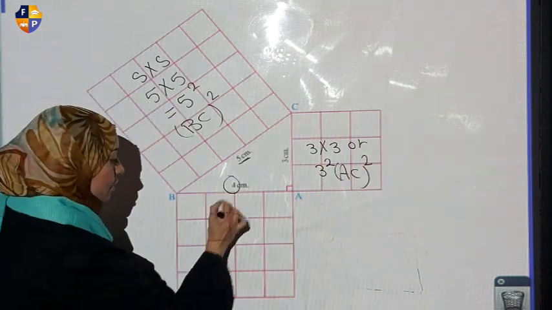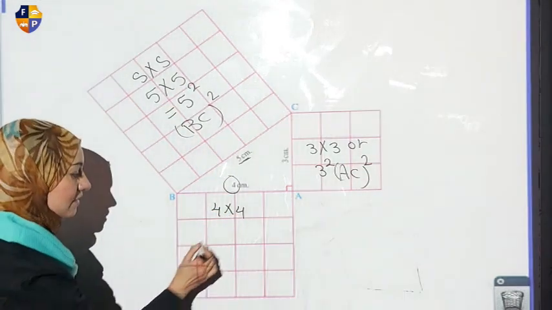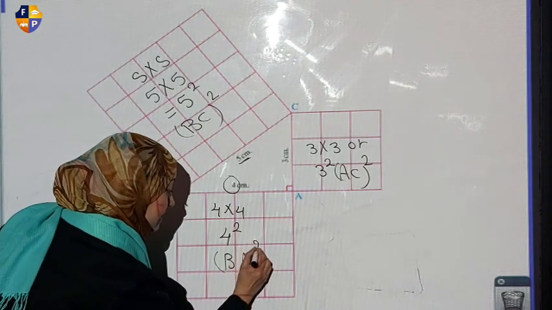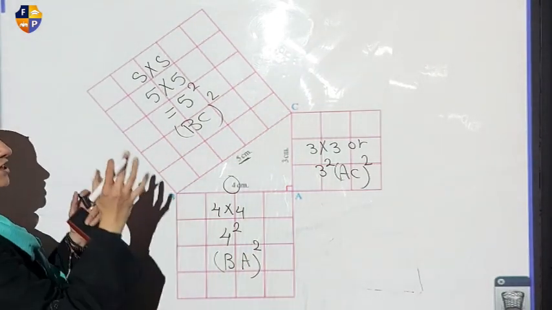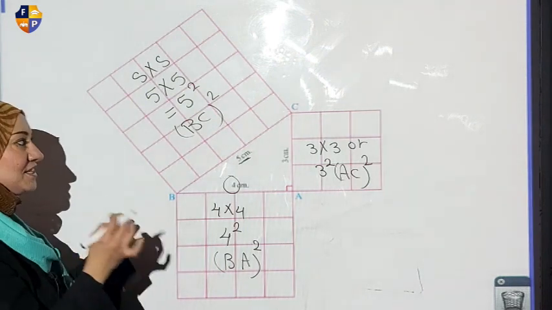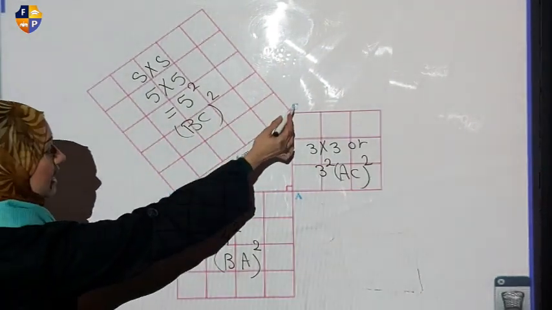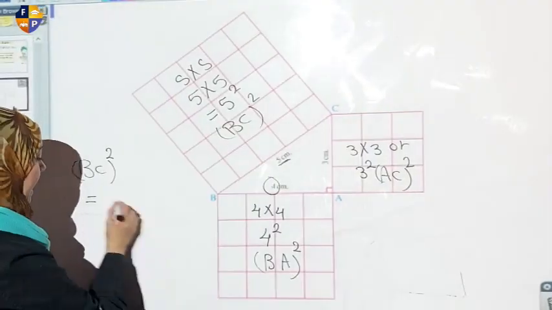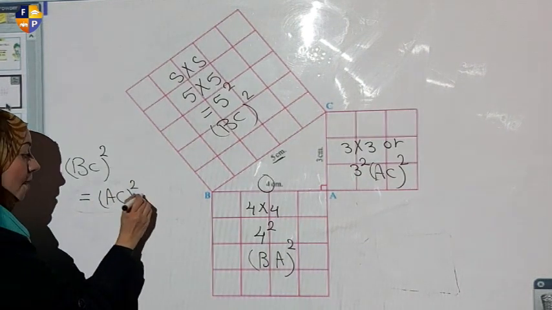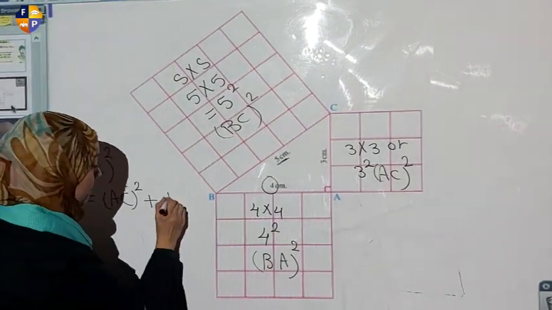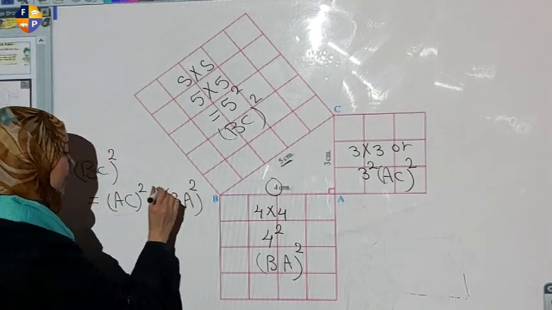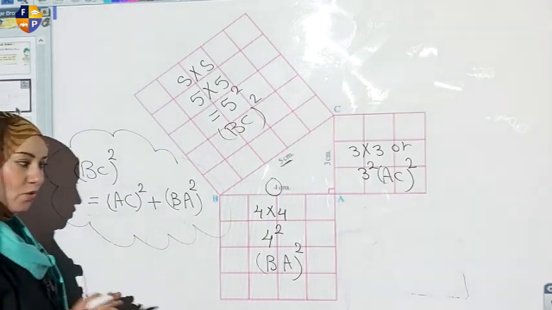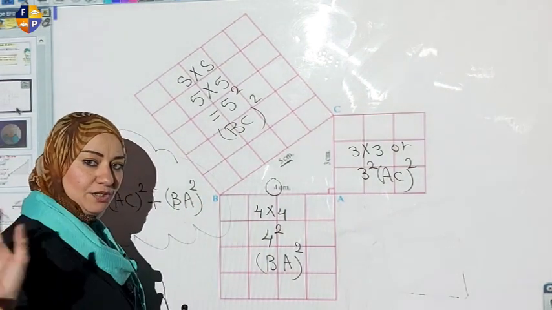Here 4 multiply 4, side by side, or 4 square, BA square. Then I can translate this theorem into a mathematical sentence: BC square equals AC square plus AB square. This is the Pythagoras theorem.